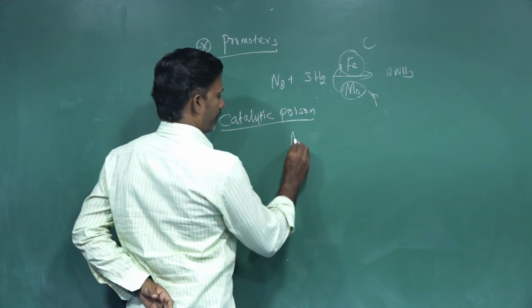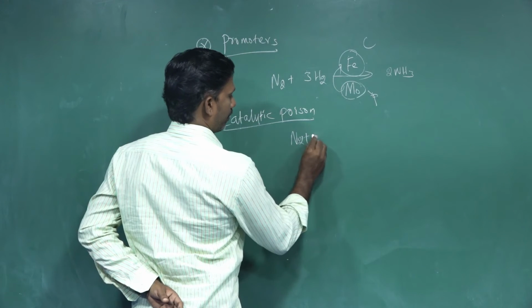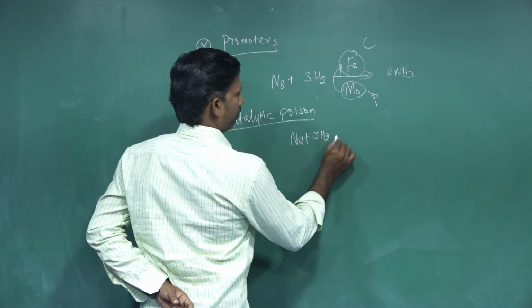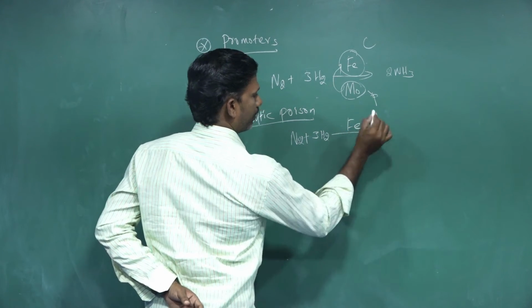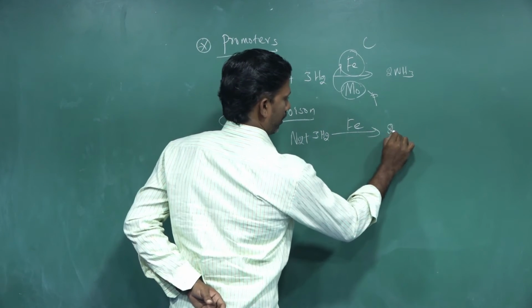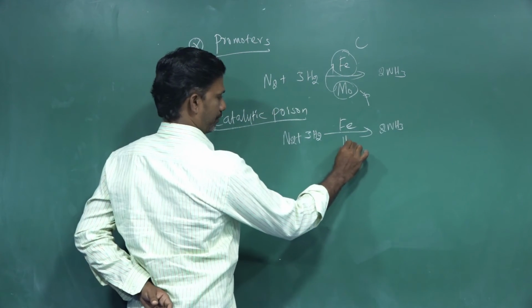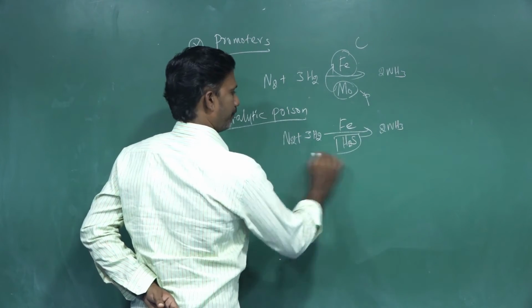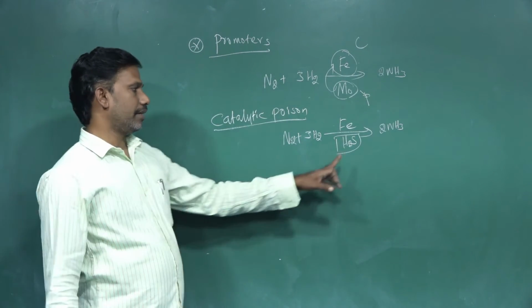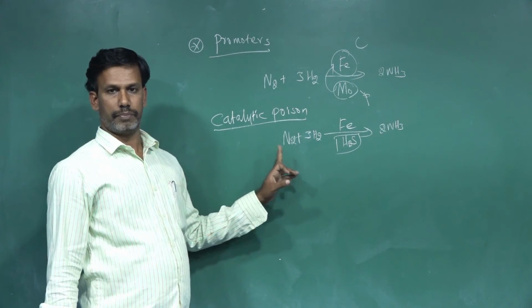For example, if you take nitrogen and hydrogen with Fe to give ammonia, in this case, if you add H2S, it is a catalytic poison for the Haber process.